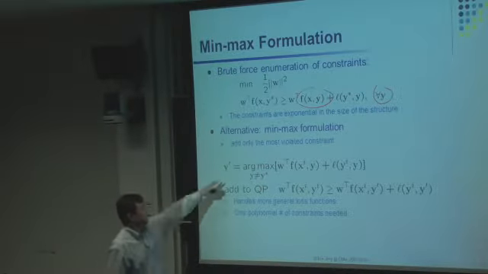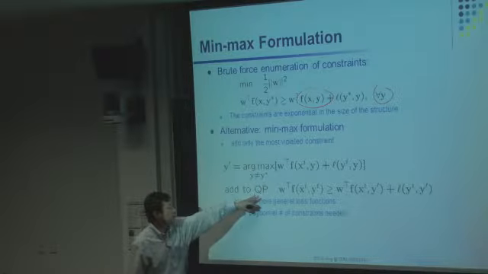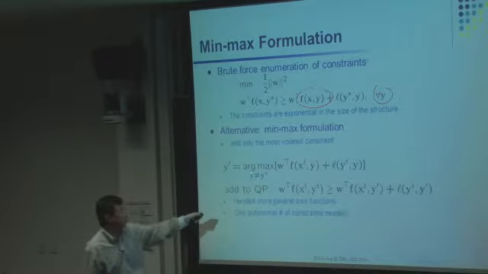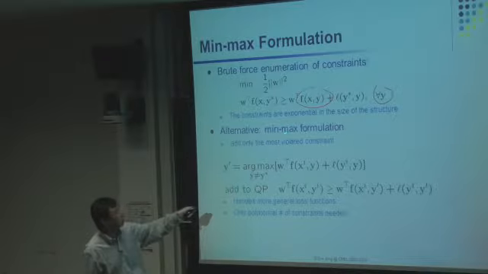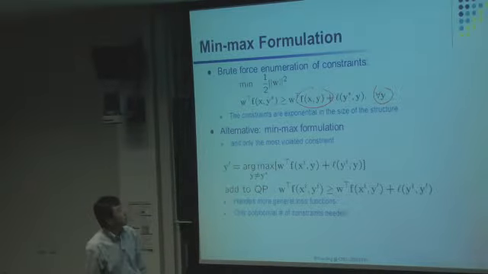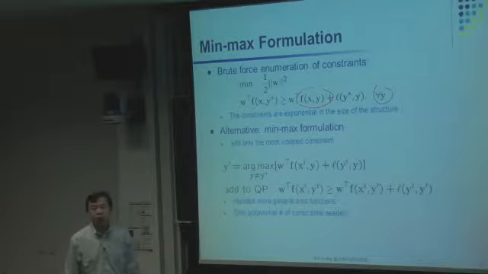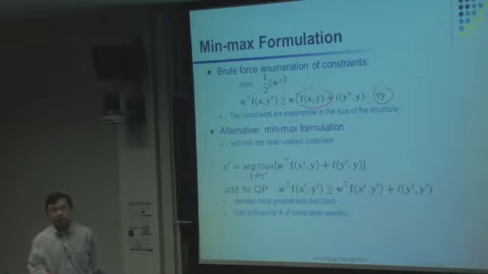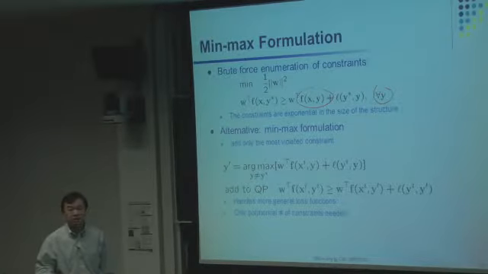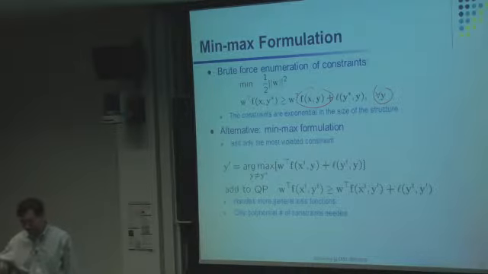Okay, so here we have this many examples, this many constraints. One reduction from including all these constraints is to reduce them to the most violated constraint, just one constraint.